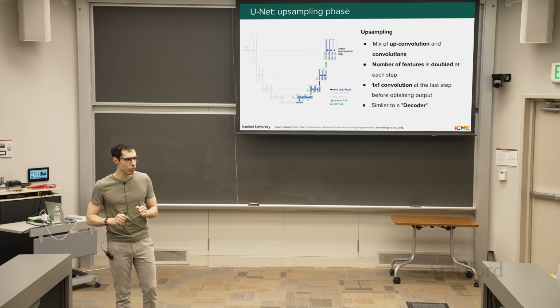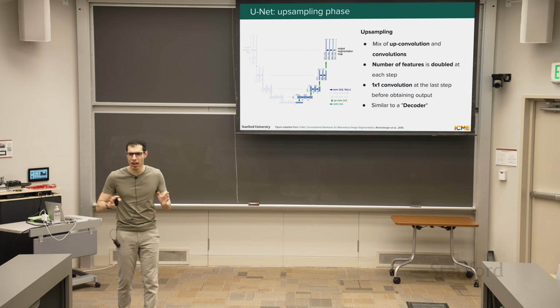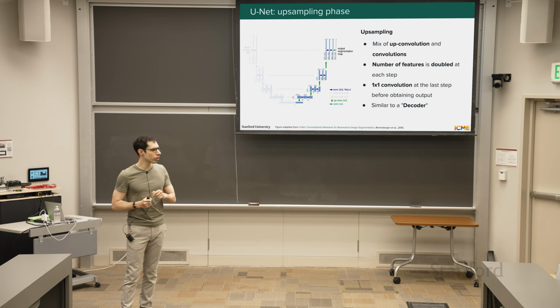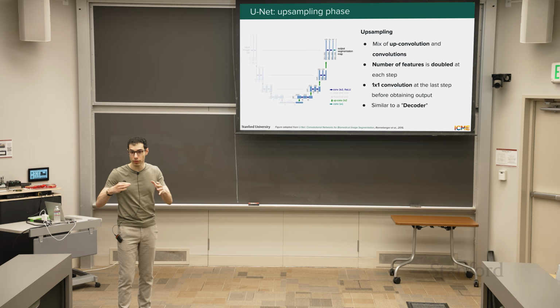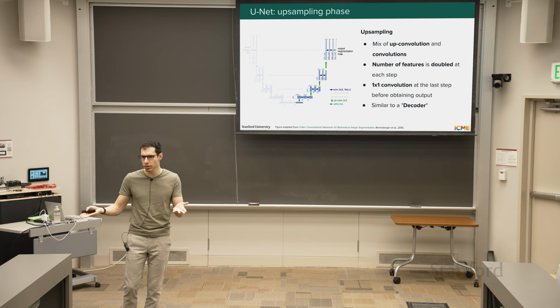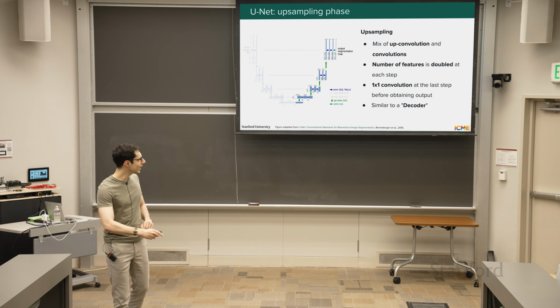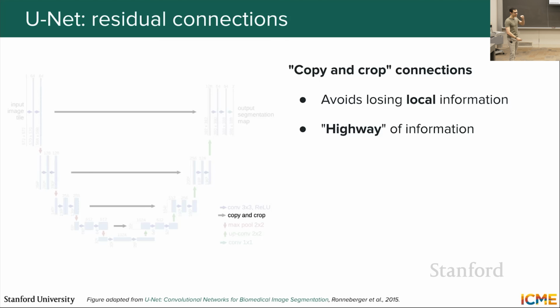But at that step, you may tell me, well, sure, you can have a global understanding of the structure, but you may lose the details. And that's where these connections come into play. So what you want is to leverage the patterns that you computed in the downsampling step.